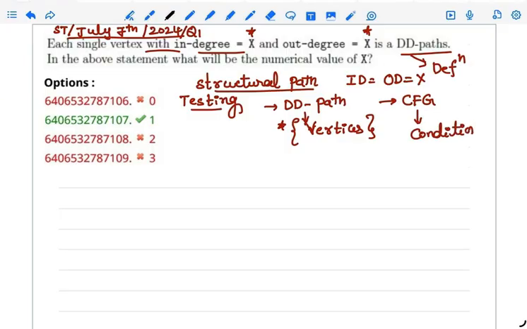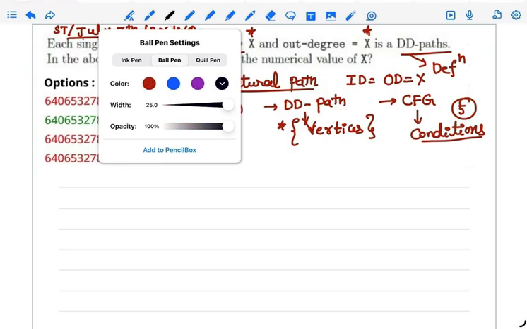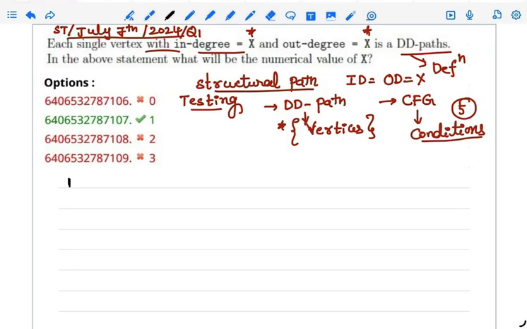If it satisfies these 5 conditions, it is a DD path. What are these 5 conditions? These are very important, friends. Please remember, and you get questions from these DD paths also.